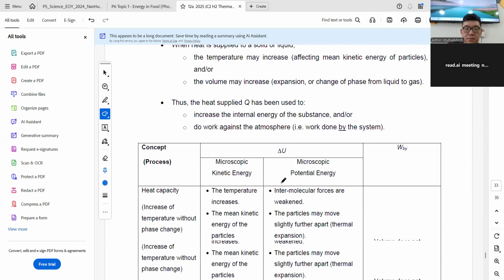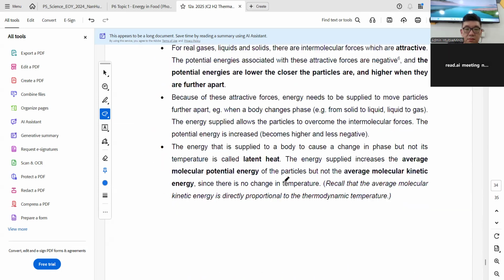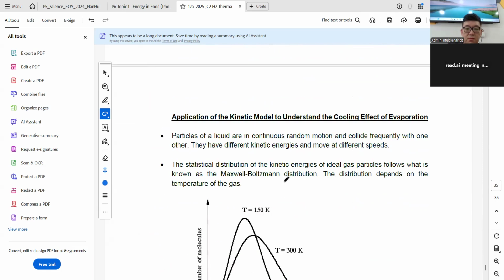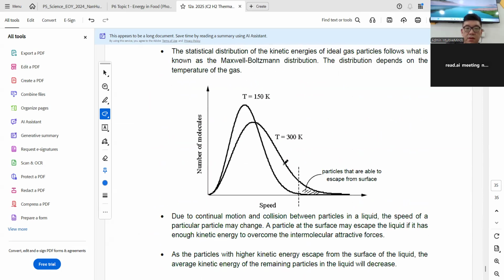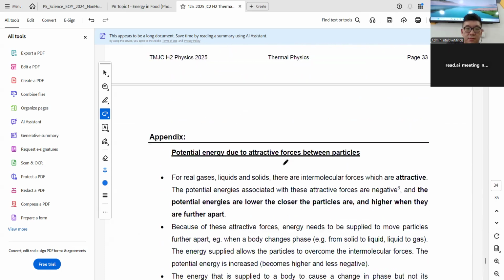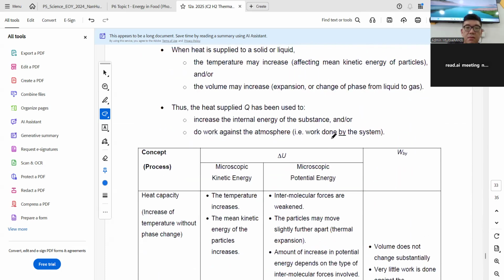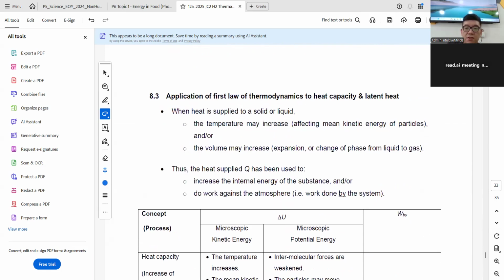So how do we relate the first law to heat capacity and latent heat? As mentioned earlier on, the first law always has a Q in, and the Q in can be calculated by mc delta theta or mL.